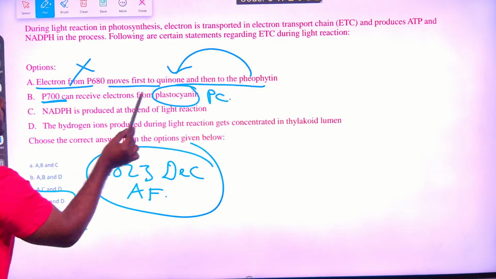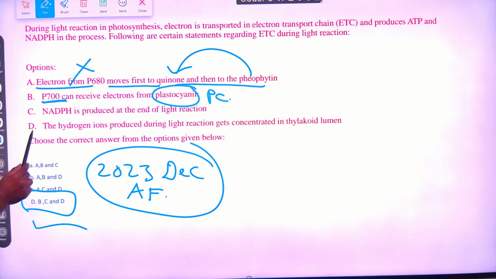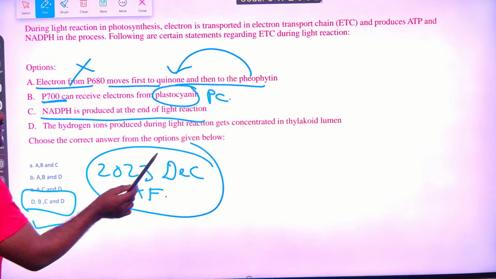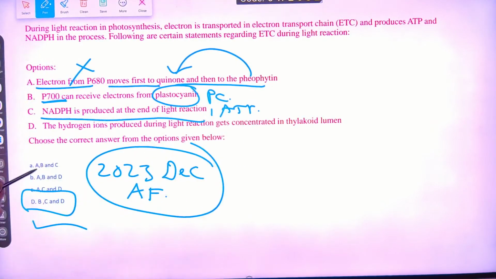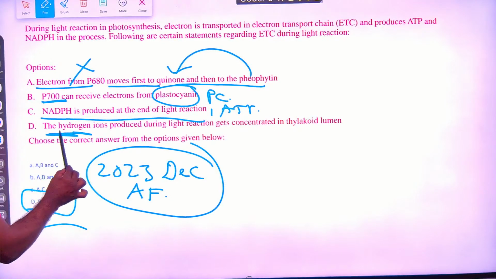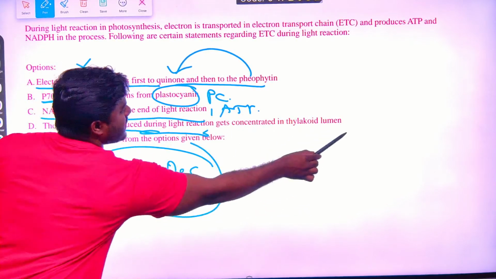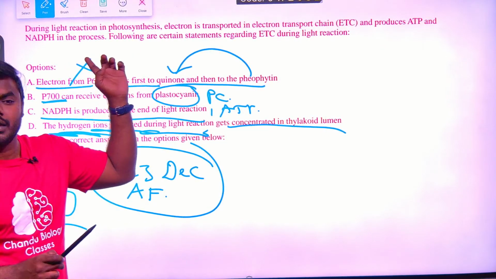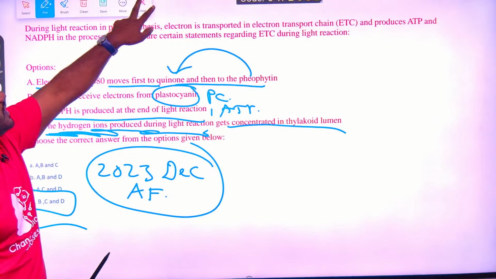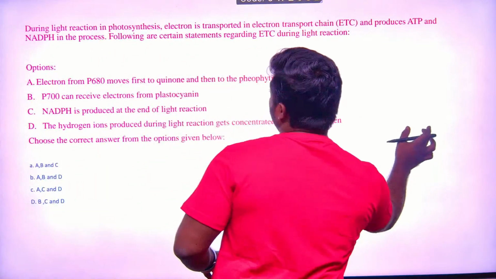PC is the electron donor for P700. NADPH is produced at the end of the light reaction. Of course, ATP is also produced at the end of the light reactions. The hydrogen ions produced during the light reaction get concentrated in the lumen. Again, they move from lumen to the stroma. By that, they synthesize the ATP molecules.